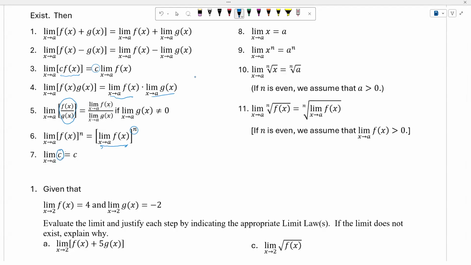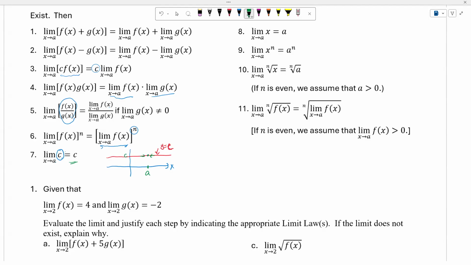Here c is a function, y equal to c. You will see that if the input is a, the output from the left and from the right is equal to c. That's why if you take the limit of a constant, it is equal to the constant.